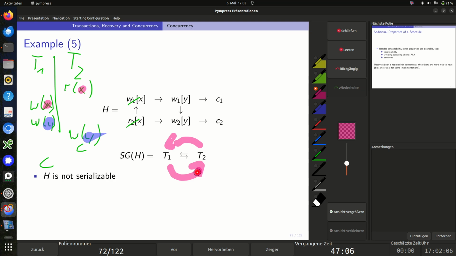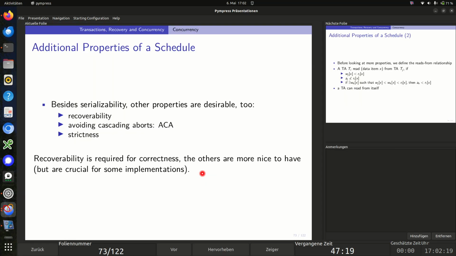So if a transaction has a write operation, and another transaction has a read operation, then the transaction reads from the other. And the three properties are called recoverability, avoiding cascading aborts, and strictness.